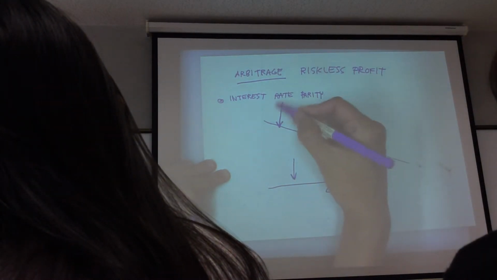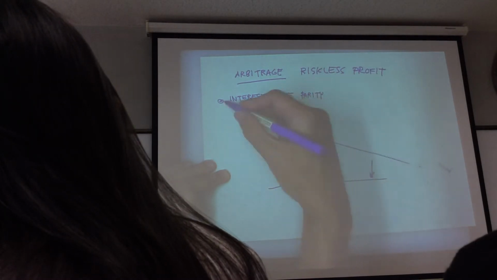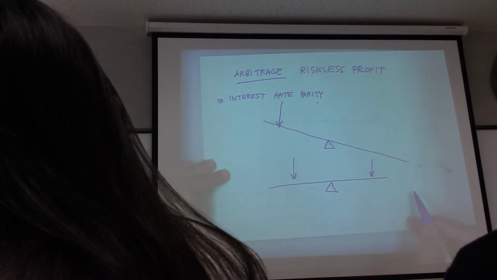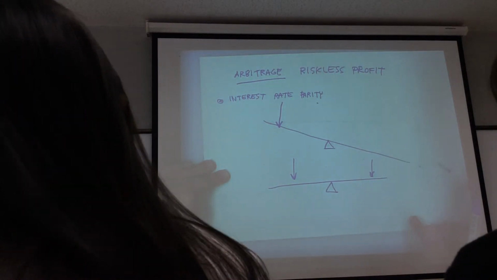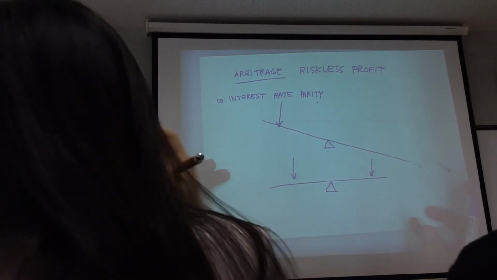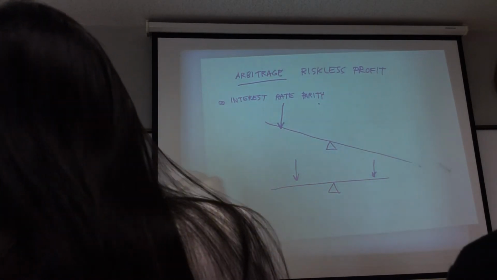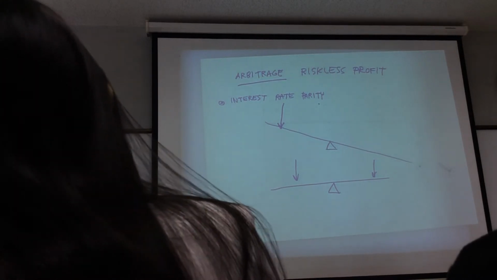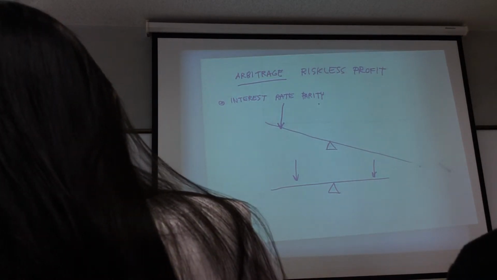When someone arbitrages a lot, and then interest rate parity comes in, the equilibrium is back in the market. This is an easy definition. I hope you will explain to me the difficult one. Okay.